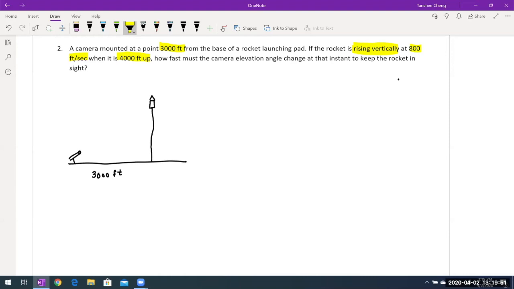The height will always be changing; it could be 1,000, 2,000, 3,000, and so on. That's why I'm going to put a variable there to represent it. What we know is that the rate of change of the height with respect to time, when the height is 4,000 feet, is 800 feet per second.